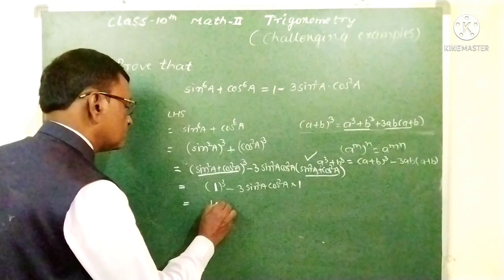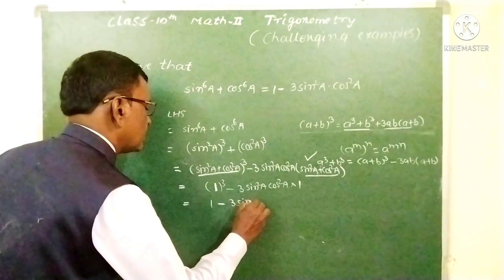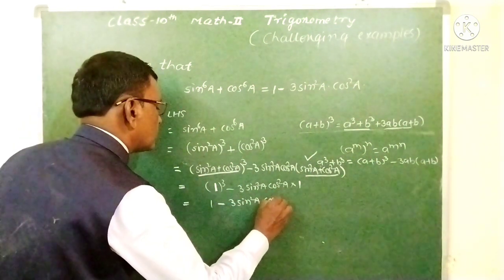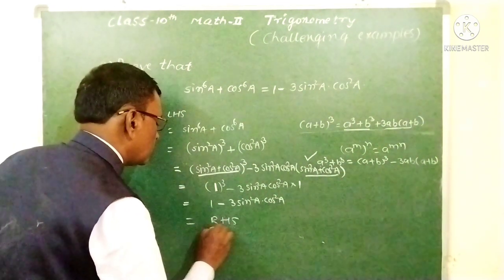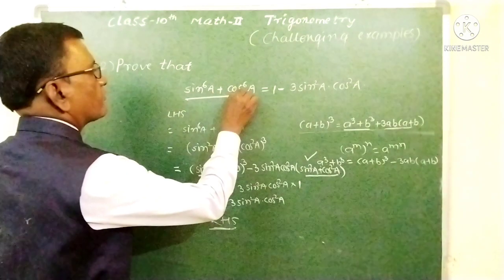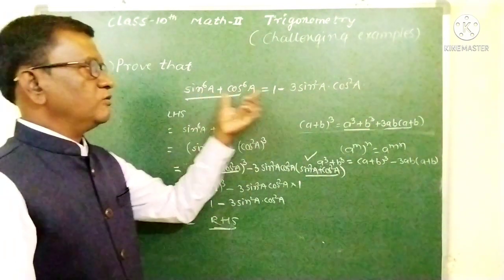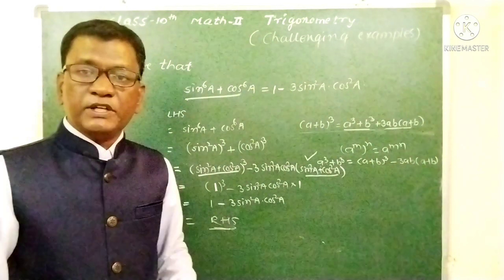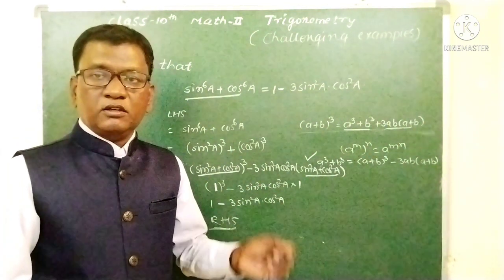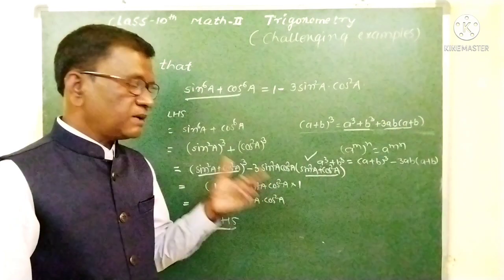So 1 cube is 1 minus 3 sin square a into cos square a. So our LHS is equal to RHS. In this way, from this LHS we prove it is equal to RHS. Very simple way you have to prove such type of example.